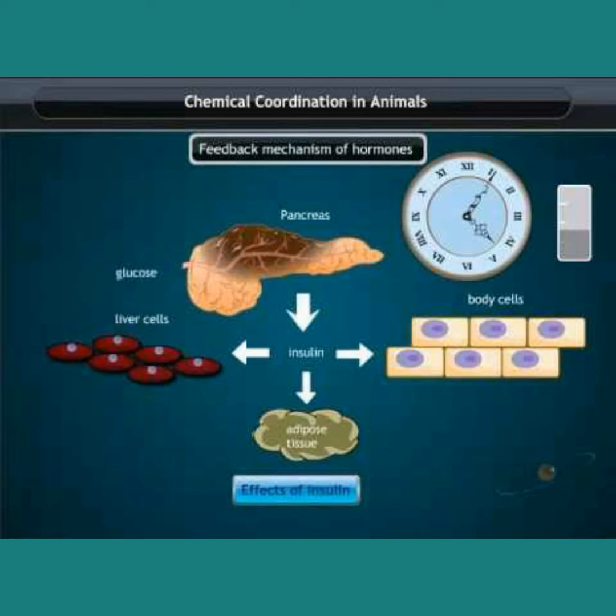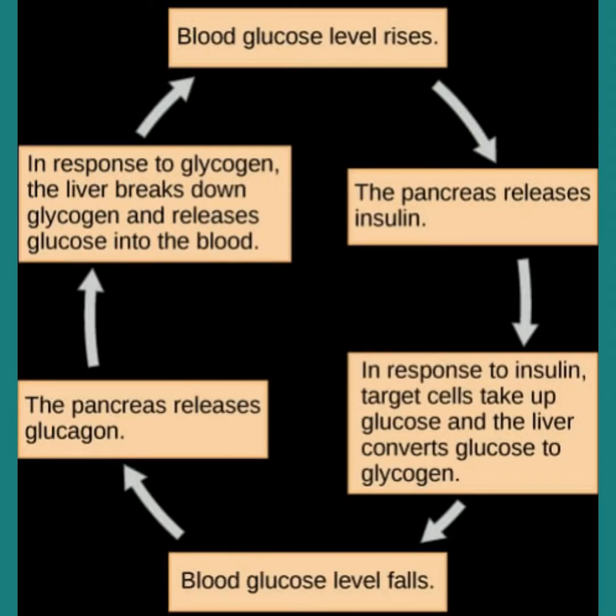Now, if the normal blood glucose concentration has been reached, it will stop secreting insulin. And similarly, when blood glucose concentration drops below normal, the pancreas will secrete glucagon, and eventually this glucagon will raise the blood glucose concentration.